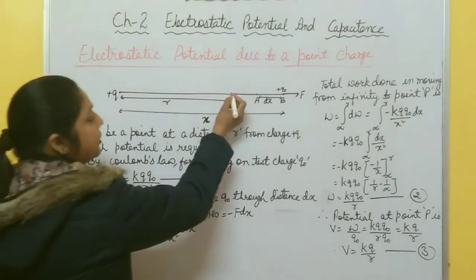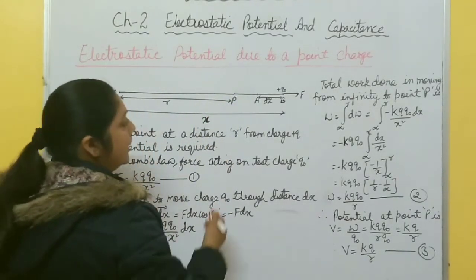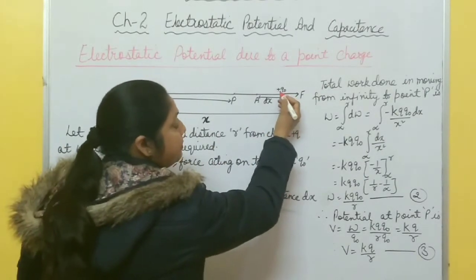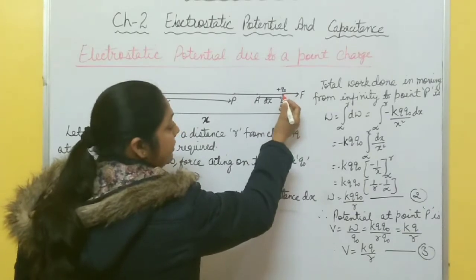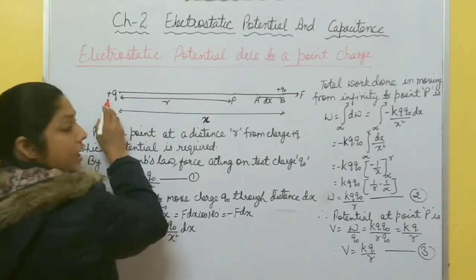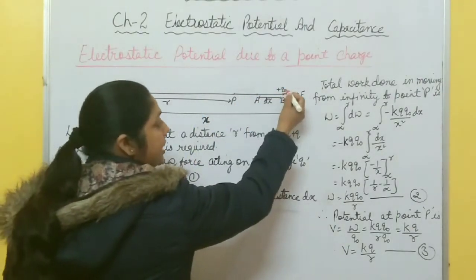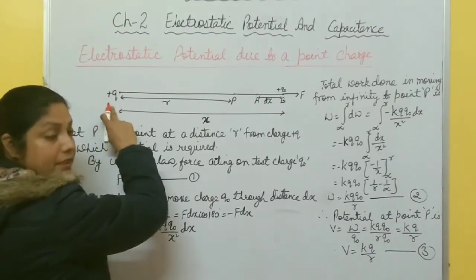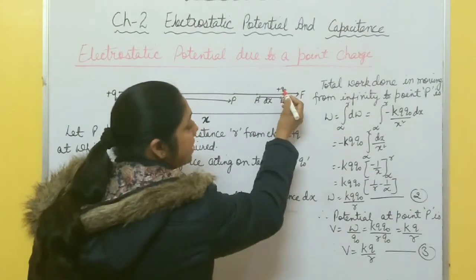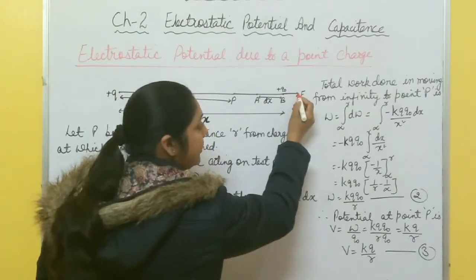So to find potential at point P, we first suppose that a test charge plus Q0 is placed at point B, and you know that due to this charge there is an electric field, and this test charge experiences some force due to the electric field by this charge, right? And the force experienced by this test charge is in this direction, right?